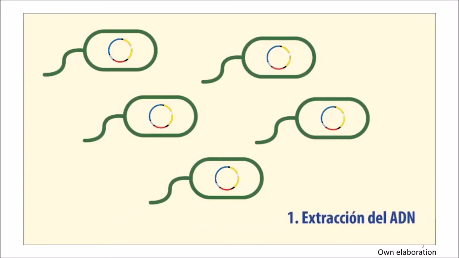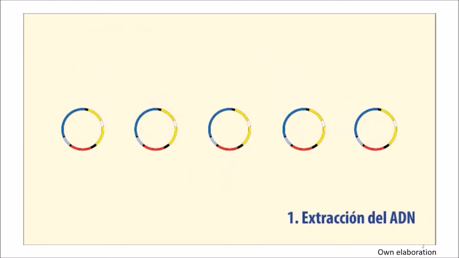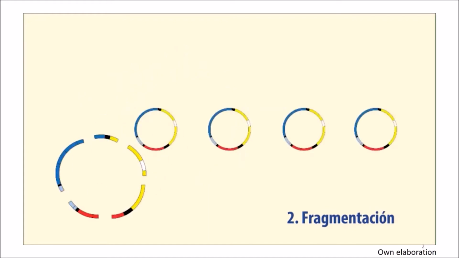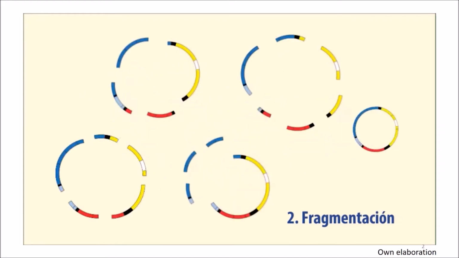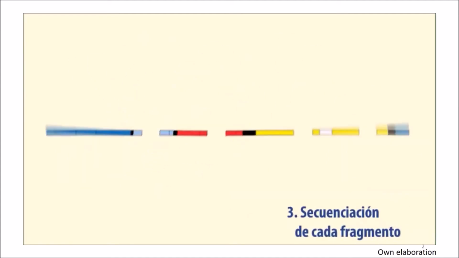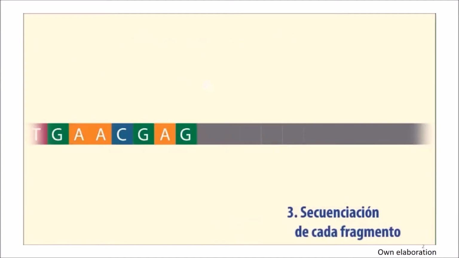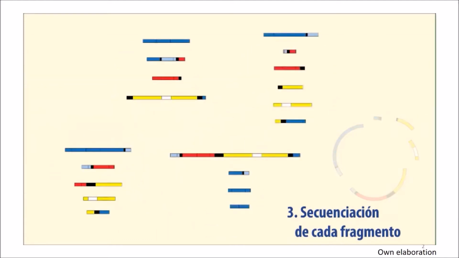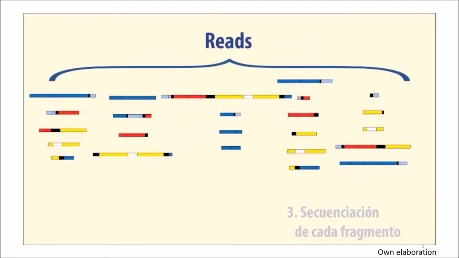As we know, when we try to assemble a genome using a de novo strategy, we first need to extract the DNA. Then we prepare libraries, which includes fragmentation and adding adapters. Then we sequence each fragment, and we have the information for all the fragments, the reads.